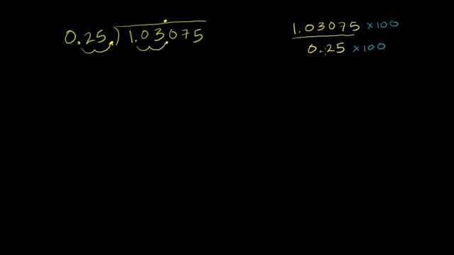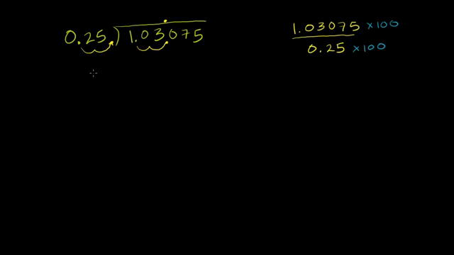And when you do that, this becomes 25, and this becomes 103.075. Now, let me just rewrite this. Sometimes if you're doing this in a workbook or something, you don't have to rewrite it as long as you remember where the decimal is. But I'm going to rewrite it just so it's a little bit neater.